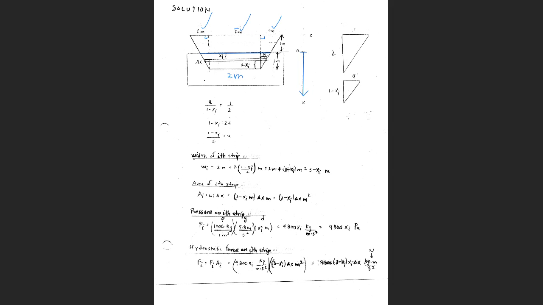So what we're going to do is we say, okay, well, this ith strip of the trapezoid is down a distance of xi meters below the water line. Okay, again, this here is your water line. And we want to find the area of that ith strip.